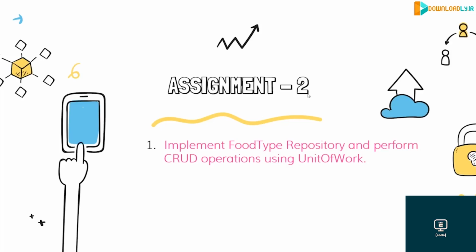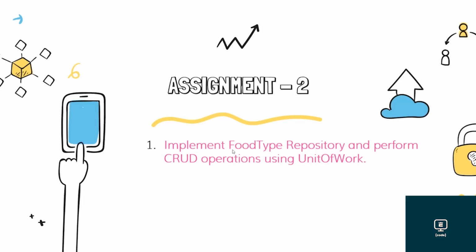After that, you will have to create entries and configure things inside the unit of work interface and the class. Once the configuration is done, then finally you will have to modify the pages of food type, and you will have to use unit of work rather than application DB context. So make sure you practice that assignment. That way you will become more familiar with the repository pattern.